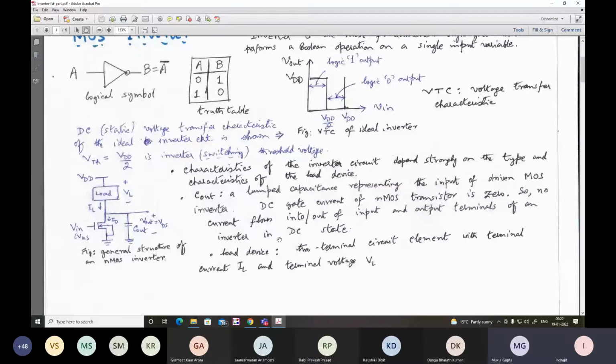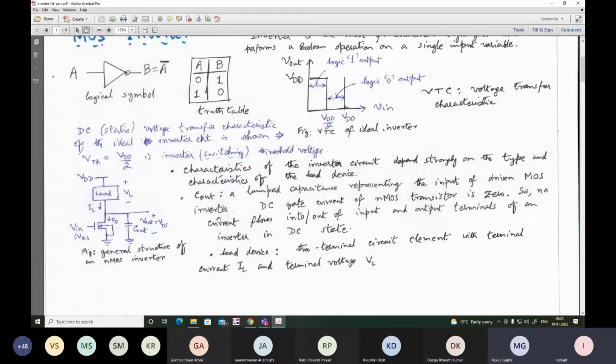Normally in an inverter, we have got a load, and the characteristic of the load will tend to determine the characteristics of the inverter circuit. The type of the load, whether it is a resistive load or a PMOS transistor or an NMOS transistor, and whether it is in saturation or linear mode, will determine the characteristics of the inverter circuit.